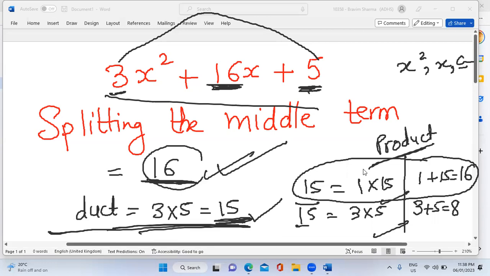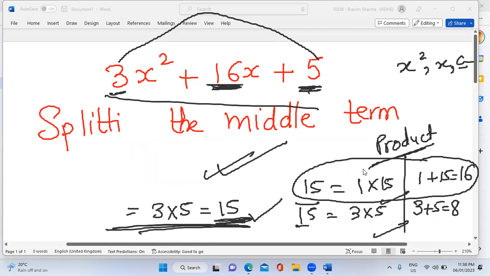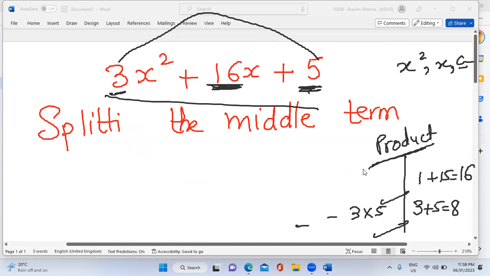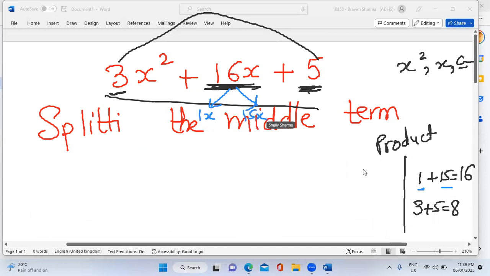Now the question comes, what is the splitting of the middle term? We got the two numbers as our answers, 15 and 1. Now we will split the middle term, 16x, into two parts, 1x and 15x. You can write them in any order, 1x plus 15x or 15x plus 1x.